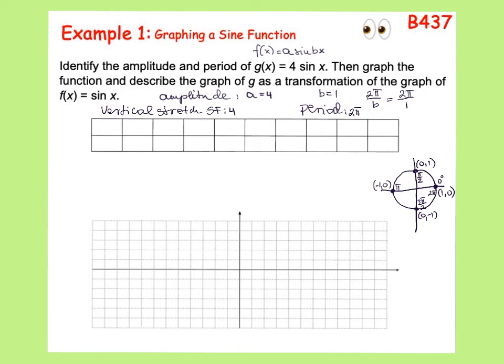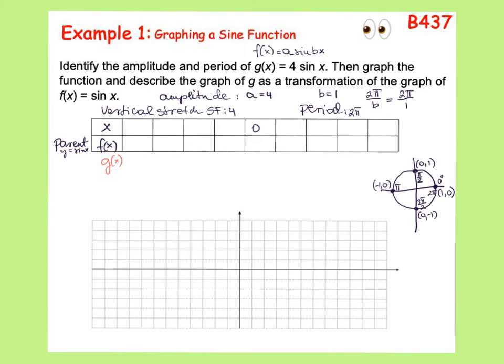So when I'm creating my table of values, x will go here, f of x will represent my parent function of y equals sine x, and then I am going to have g of x down here, which will be the transformed graph. So let's go ahead and write in the values for f of x. In the center of the table, I will put my 0.